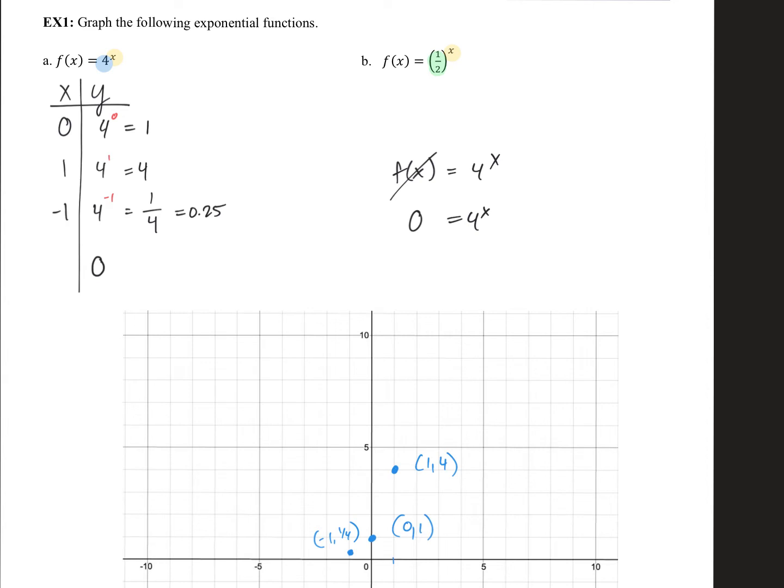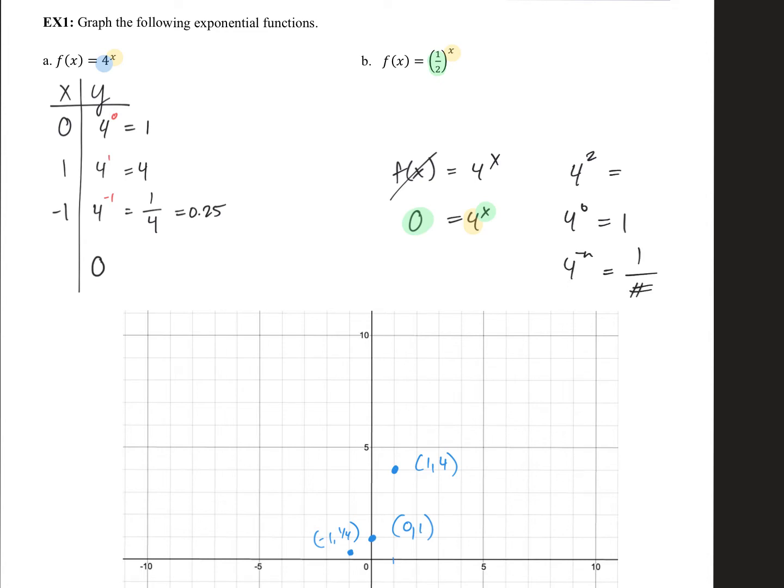Now, just looking at this, let's ask ourselves, do we know of any number I can raise 4 to that will give me 0? Well, you could say, what about 4 to the 0 power? But remember, anything to the 0 power is 1. And then any positive power that 4 can be raised to is going to give me an actual number bigger than 0, right? And any number I raise 4 to that's a negative number is just going to give me a reciprocal number.